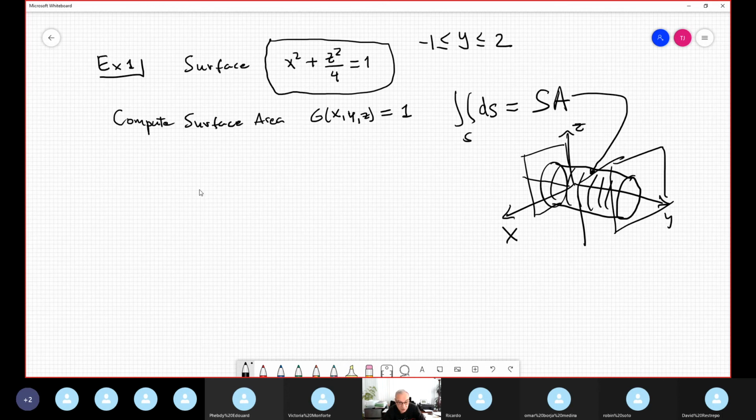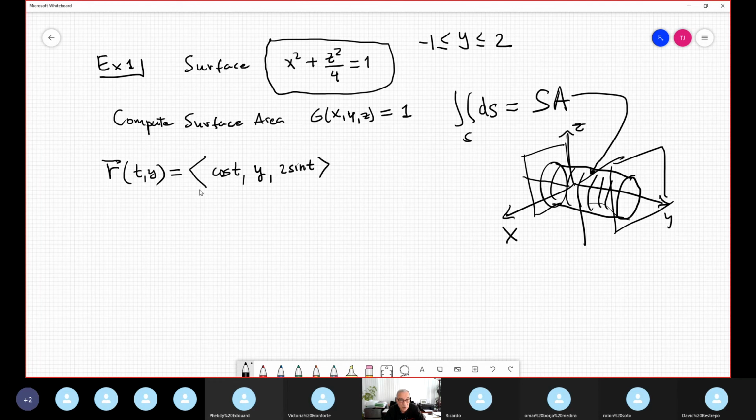Okay, so the parameterization of the cylinder we studied a little bit before. Suppose I call the vector valued function r(t, y). So I declare two variables, t and y. Whether you call it t or theta, whatever you want, what matters is: cosine t, comma y, comma 2 sine t. Where does this come from?